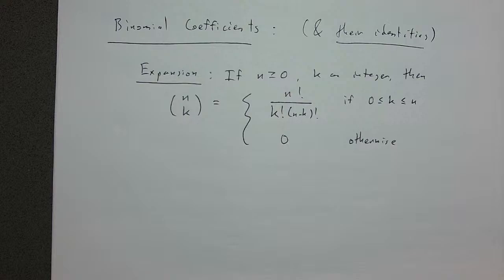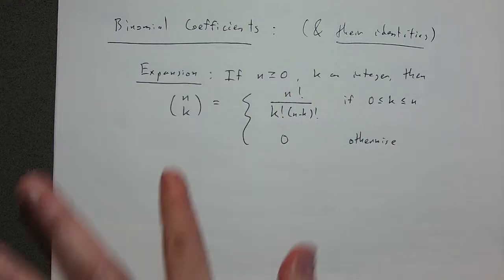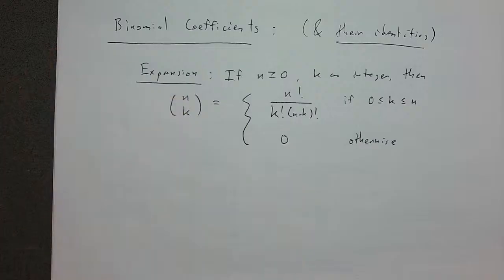Okay. So, of course, this makes sense because if we think about this in terms of choosing k objects, if k is bigger than n, how many ways are there to choose, say, 10 objects from 5 objects? Well, 0, right? When k is less than 0, this doesn't make so much sense, so just setting it equal to 0 is fine.